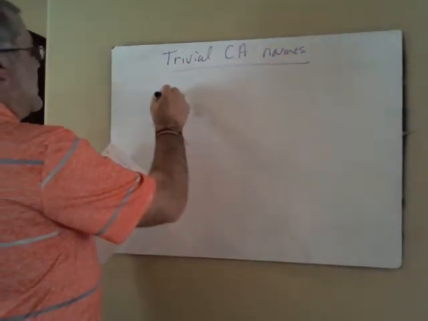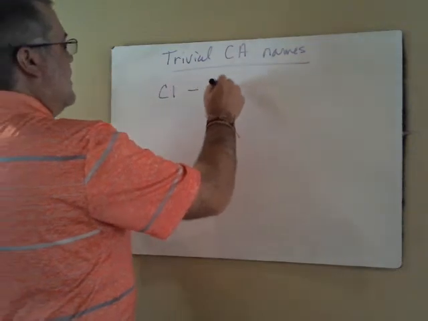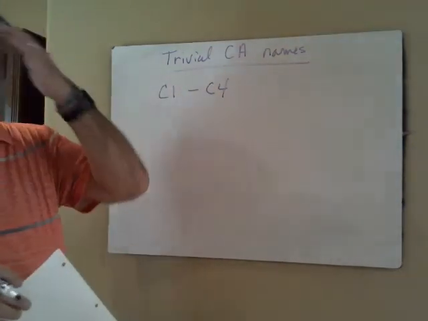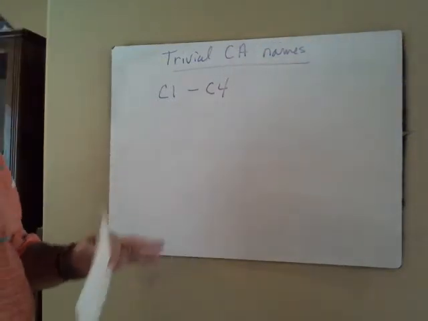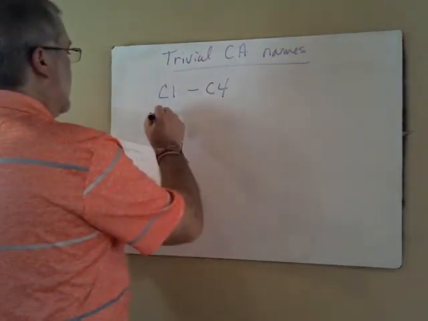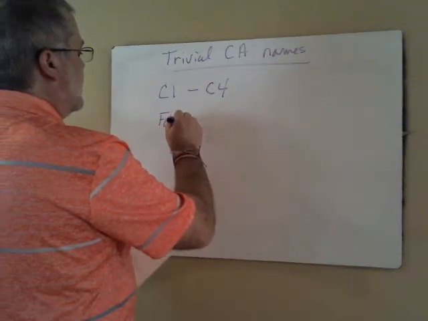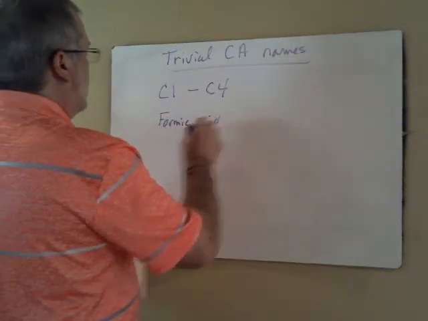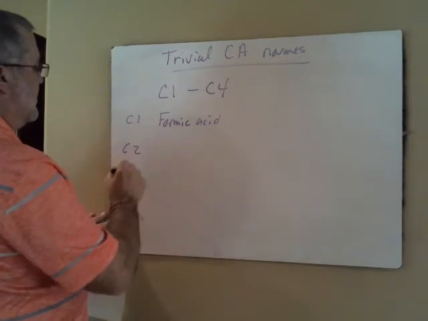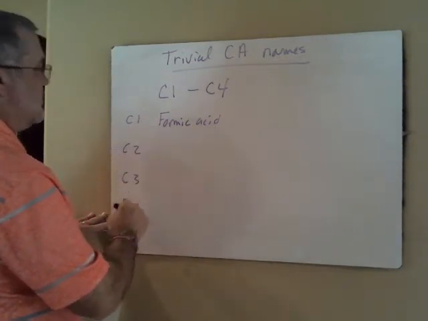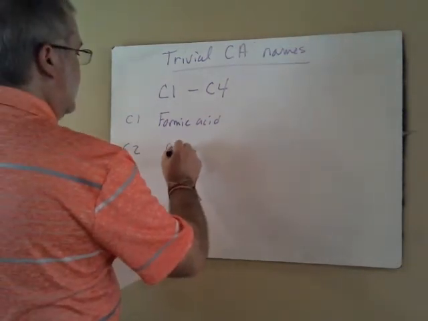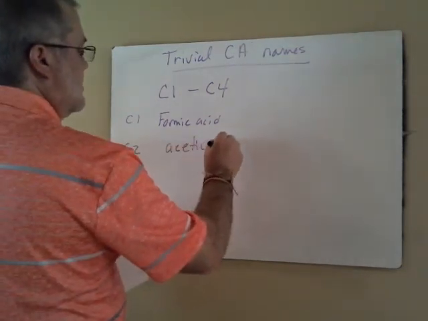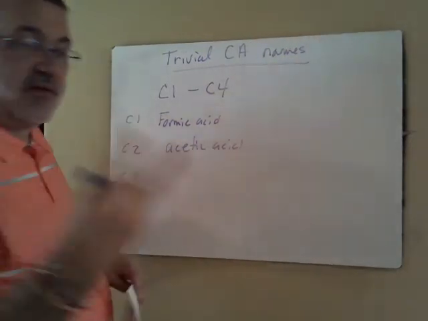Now the first thing is the C1 to C4 carboxylic acids have trivial names that we use all the time for them. C1 is formic acid, and we write C1, C2, C3, C4. Formic acid is where you have 1 carbon; acetic acid, you've certainly heard of that, is where it has 2 carbons.